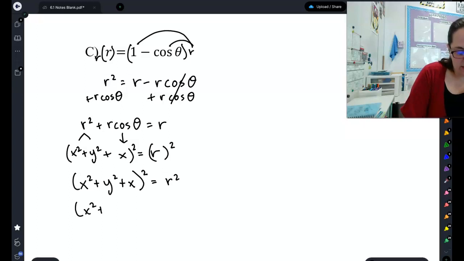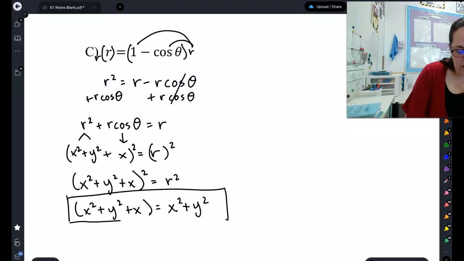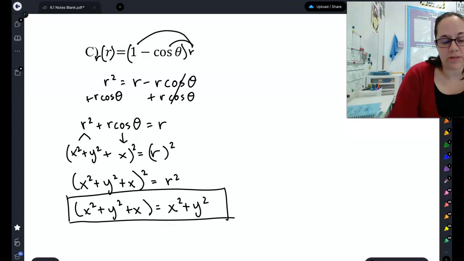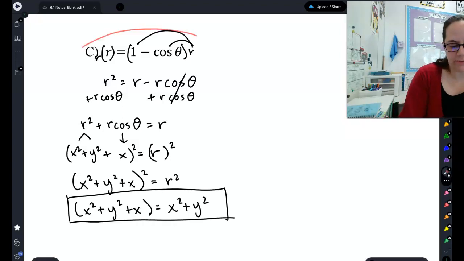And then I can change that last r squared into x squared plus y squared. And now that equation only uses x's and y's. So I took it from something that only uses r's and thetas into something that only uses x's and y's.